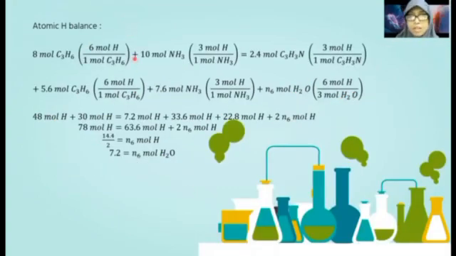Untuk atomic H balance pula, ini adalah nilai input dan ini adalah nilai output. So kita masukkan nilai dia, kira macam biasa di mana kita tulis compositionnya di mana ada 8 mol C3H6 darab dengan 1 mol C3H6 per dengan 6 mol H. Kenapa ada 6 mol? Sebab dia ada 6 mol atom.